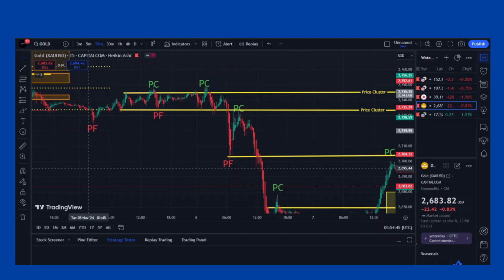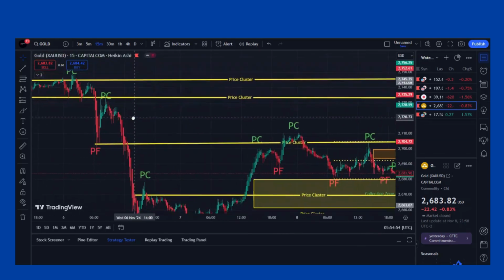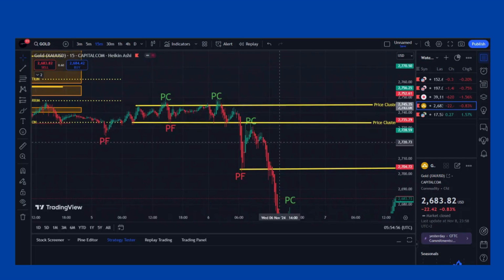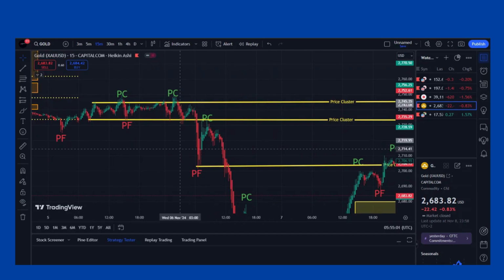Without further ado, let's go to the chart and first denote our price floors and price ceilings. So you can see the price floors and price ceilings of the market, the gold chart, and thereafter our price floors and price ceilings will indicate our price clutters.